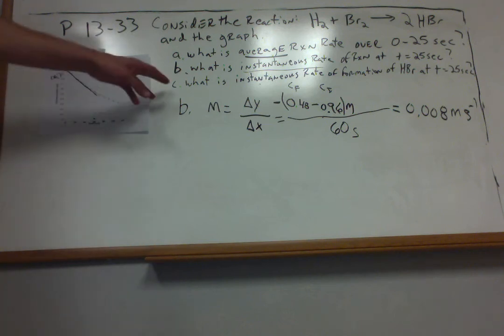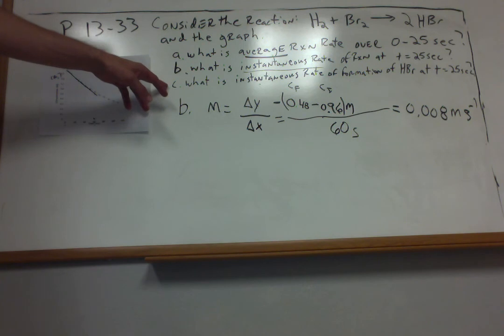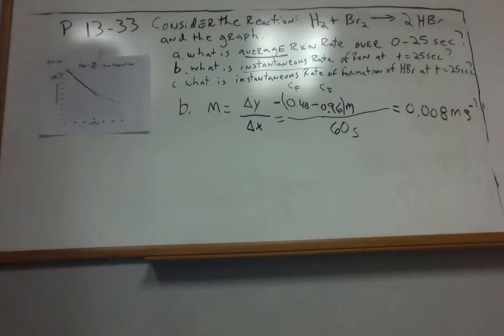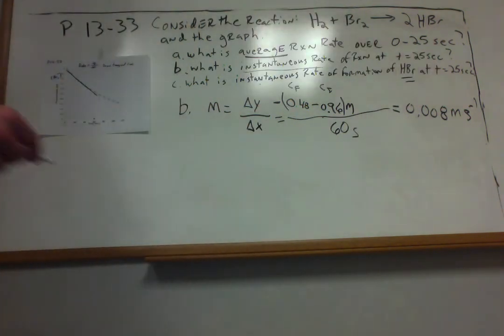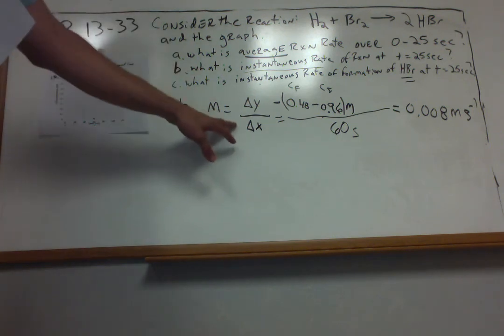Now, the last part of this problem asks me something different. It says, what is the instantaneous rate of formation of HBr at t equals 25 seconds? Okay, what's the instantaneous rate of formation of HBr at 25 seconds, which is the same as what I just did this calculation for, right?